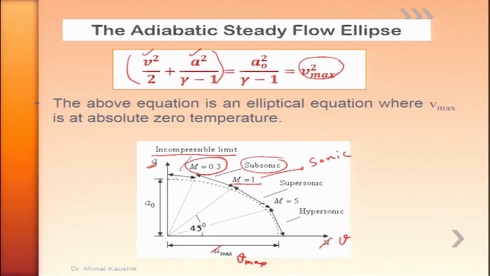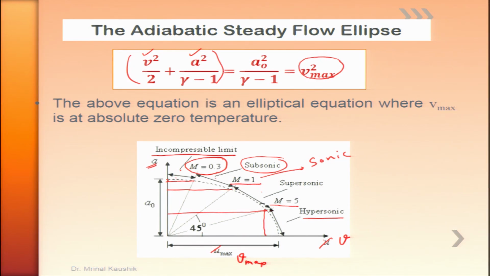Now, from here, another line is drawn at Mach 5, and this domain is called hypersonic flow. Now we are going to analyze, by seeing this diagram, what happens in these zones.